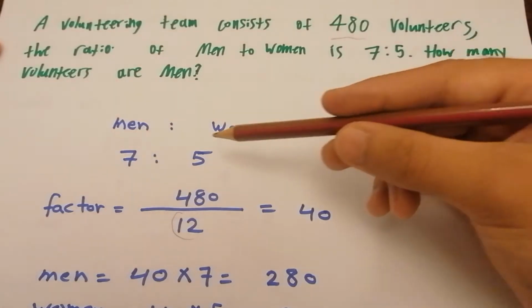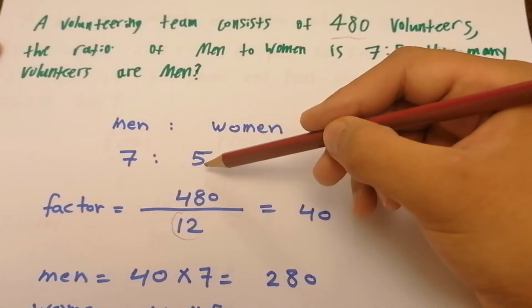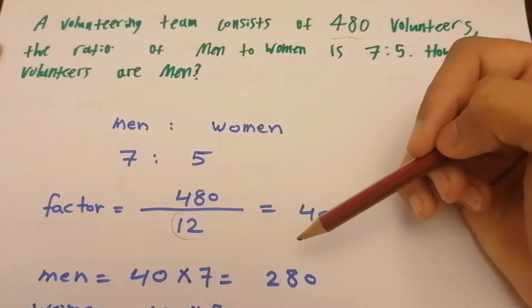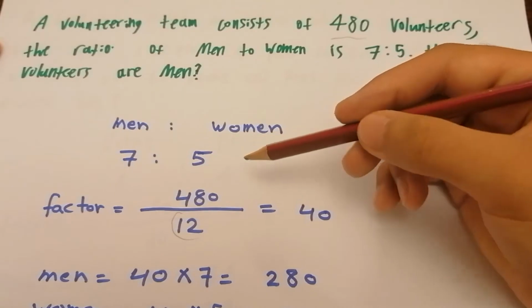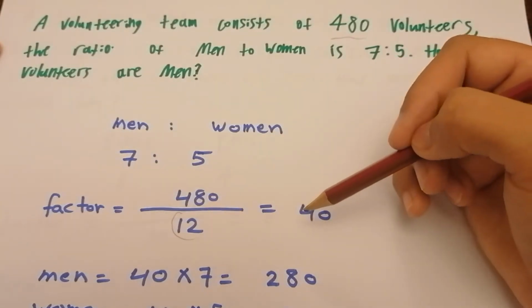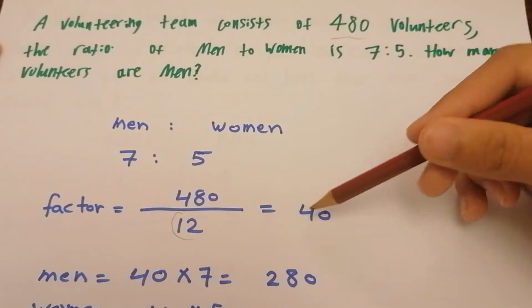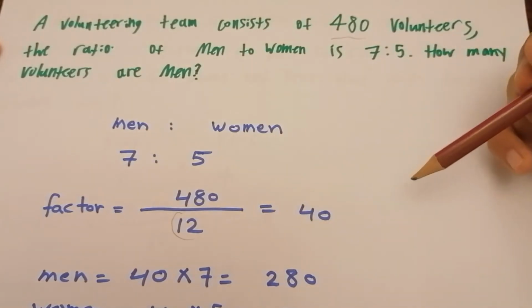Then we're going to add the number of men and women to represent one group of men and women, which is 12. When you divide these numbers, it gives you the total number of groups we have of men and women.